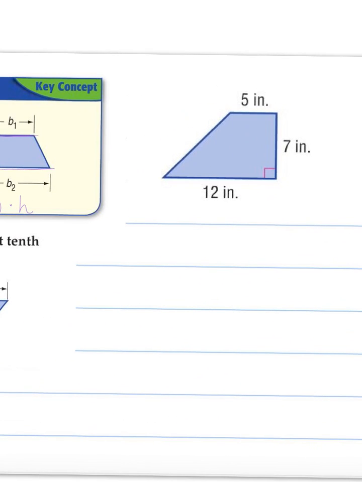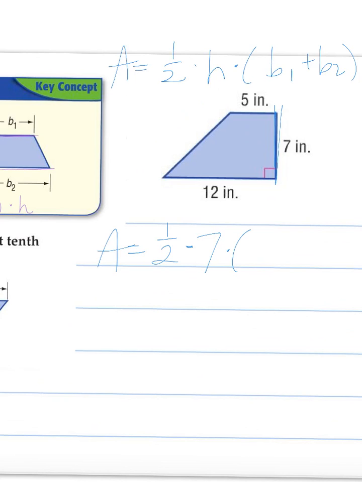Okay, so our equation, area equals 1/2 times the height times base 1 plus base 2. Plug in your numbers. So the height is the perpendicular part, the 7. The bases are the two sides that are parallel to each other.